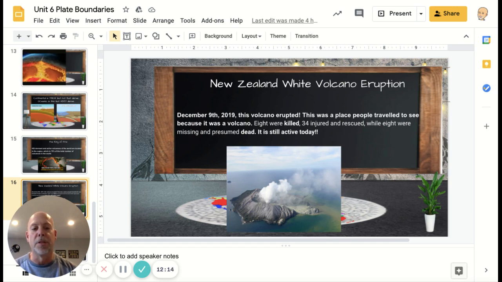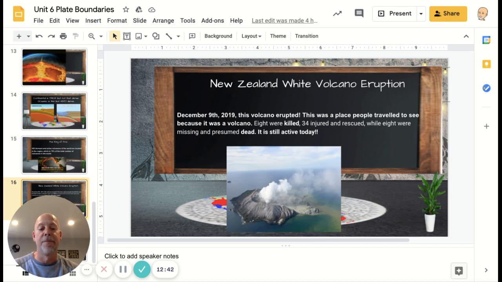All right, so we have the New Zealand White Island volcano eruption, December 9th, 2019. This was a place people traveled to see because it was a volcano. Eight people were killed and 34 were injured and rescued, while 8 were missing and presumed dead. It is still active today. New Zealand, if you didn't know, is an island country, just like Australia, and these islands were created by volcanic activity.